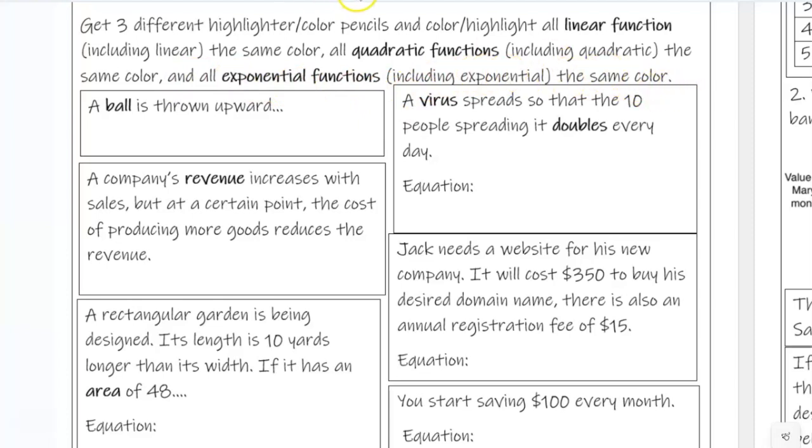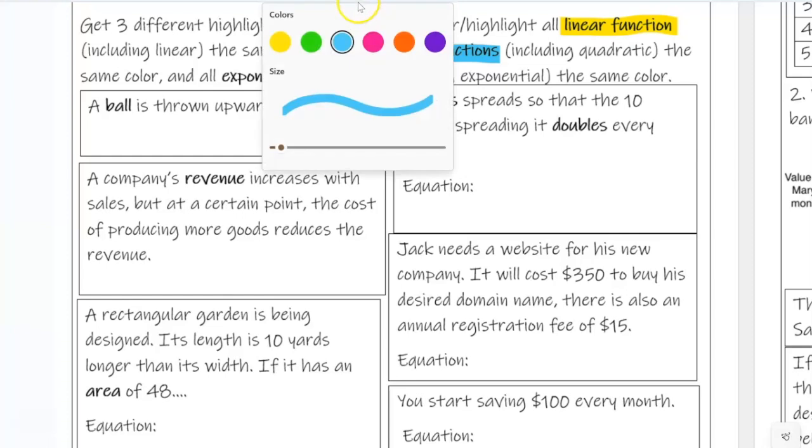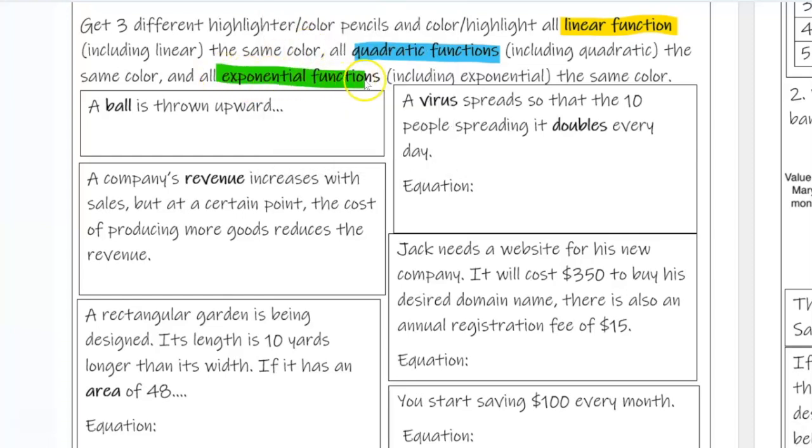If you pick yellow for linear function, anything that's linear here, you're going to color it in yellow. If I pick blue for quadratic functions, anything in here that's quadratic, you're going to color blue. If I put green for exponential functions, anything that's in here that's exponential, you're going to color green.